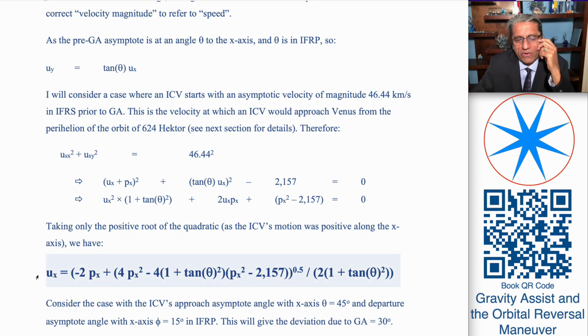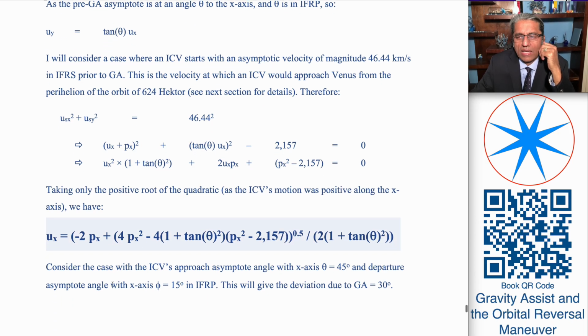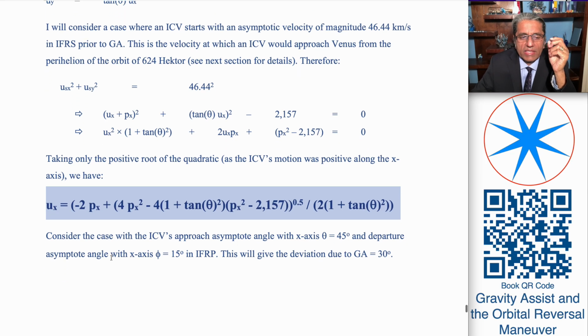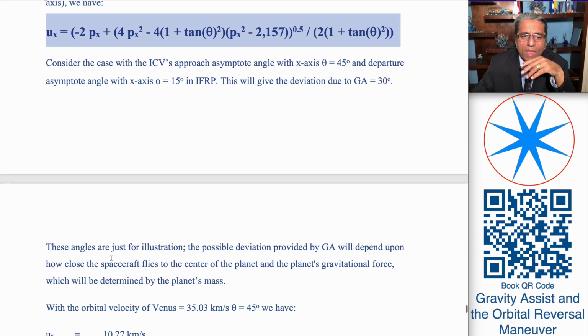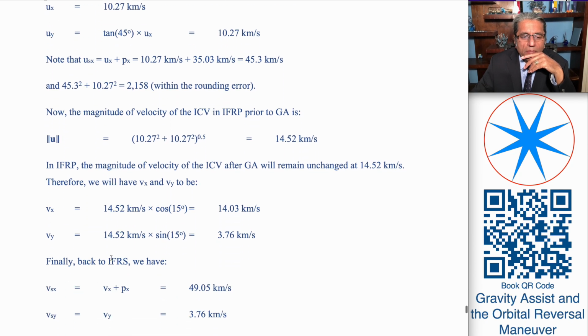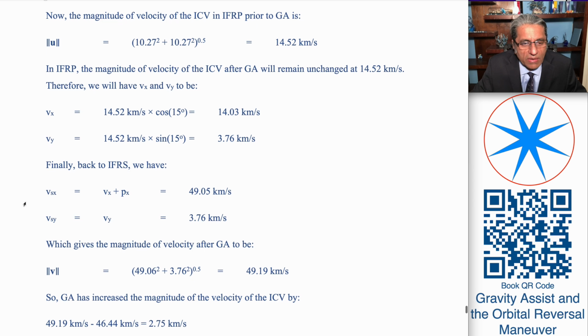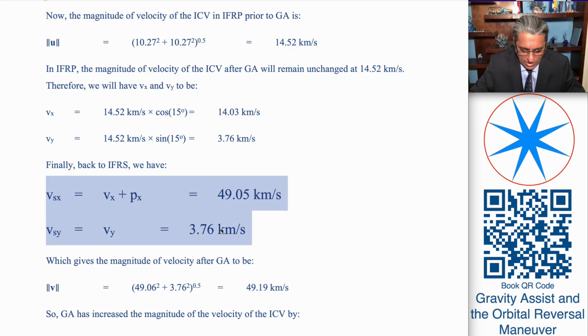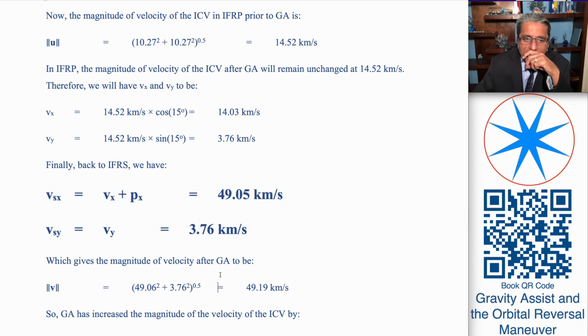And what you get is that the initial velocity along the x-axis is given by this formula, and the final velocities along the x and y axis will be given by these formulas.